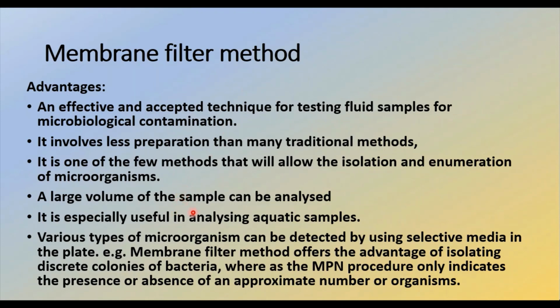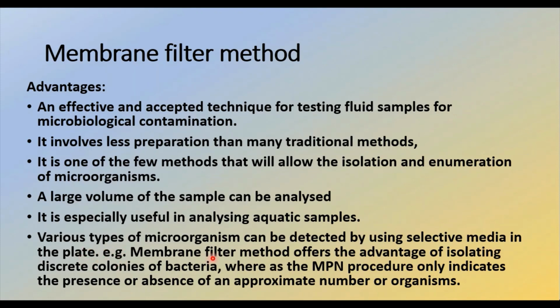A large volume of sample can be analyzed at a time, and it is especially used in analyzing aquatic samples, that is, liquids. Various types of microorganisms can be detected by using selective media in the Petri plate.